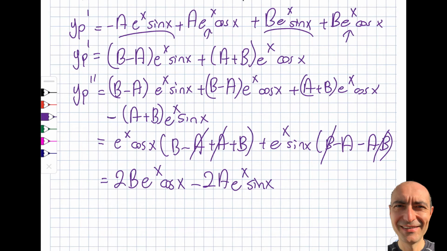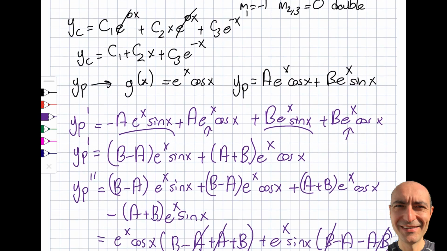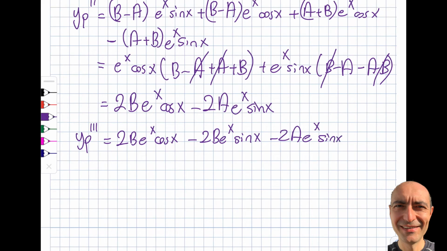Am I done? Yeah, if this was second order, but it's not. It's third order, right? I see the third order, so I have to do one more derivative. It's becoming a long question. So 2b e to the x cosine x minus 2b e to the x sine x. So this is for the first term. Minus 2a e to the x sine x minus 2a e to the x cosine of x.